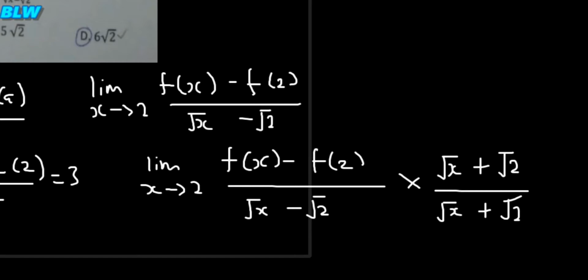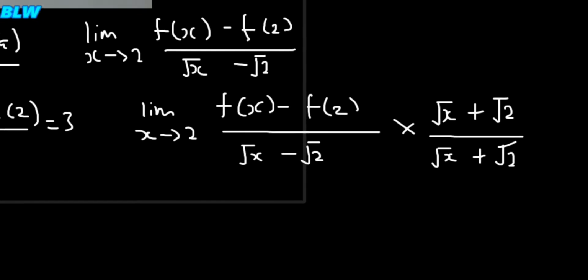Okay, so let's focus on the denominator. So let's multiply this value here by this. So I have root of x into bracket root of x plus root 2, minus root of 2 into bracket root of x plus root 2.